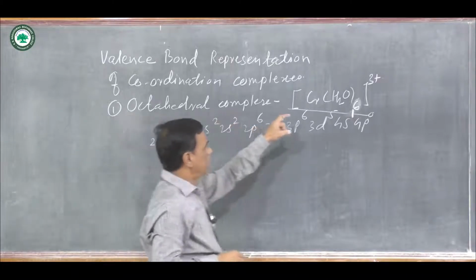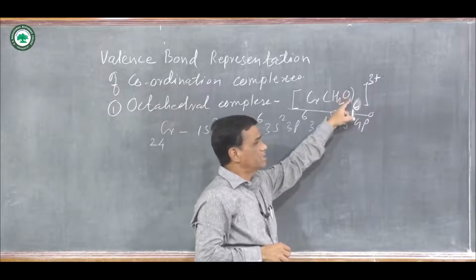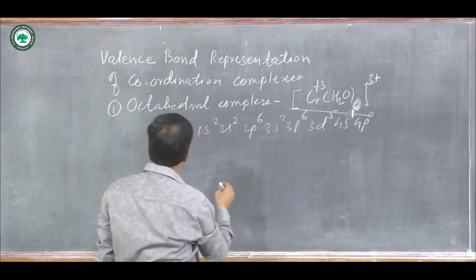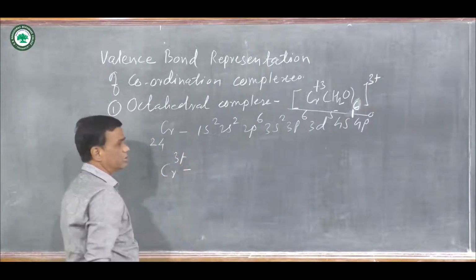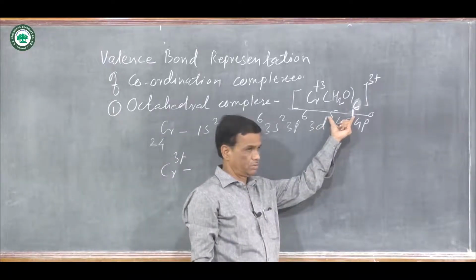In the octahedral complex [Cr(H2O)6]3+, the charge on chromium is 3+. Therefore, the central metal ion is Cr3+, and for Cr3+ there is a loss of 3 electrons.